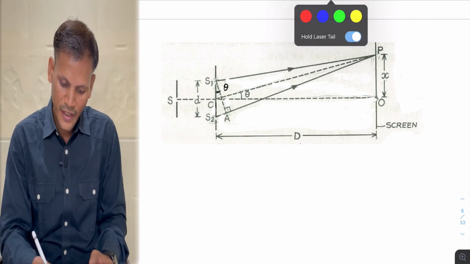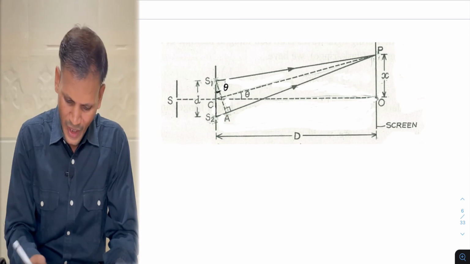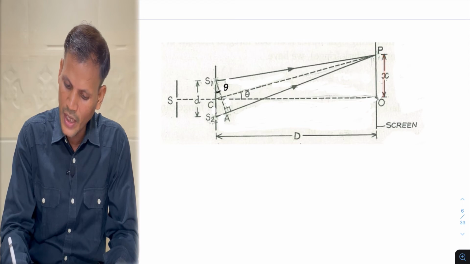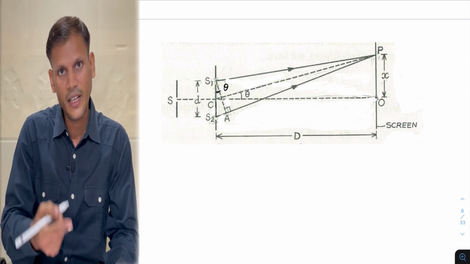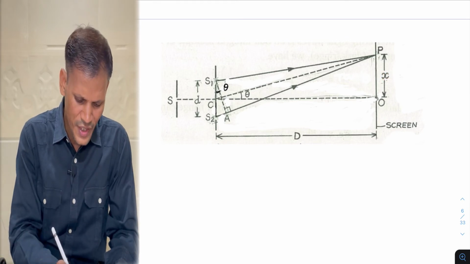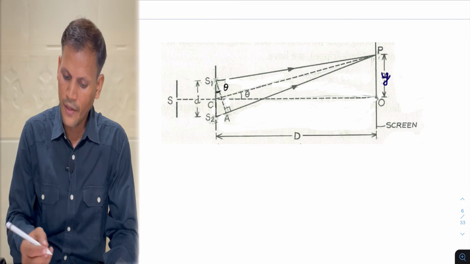The diagram part is the same. Instead of fringe width x, there we took y, here we are taking x, and if not necessary, I will change it to y. Y is the fringe width.